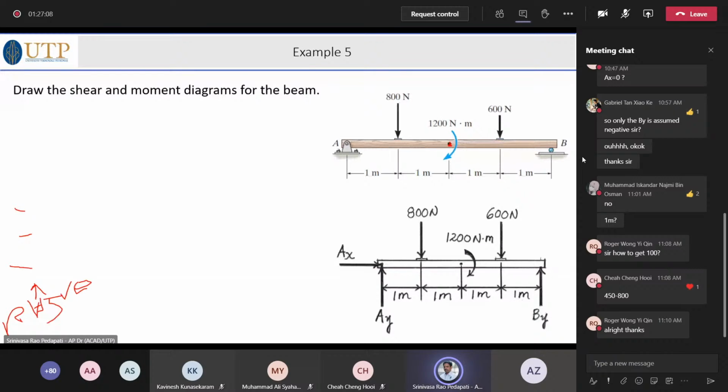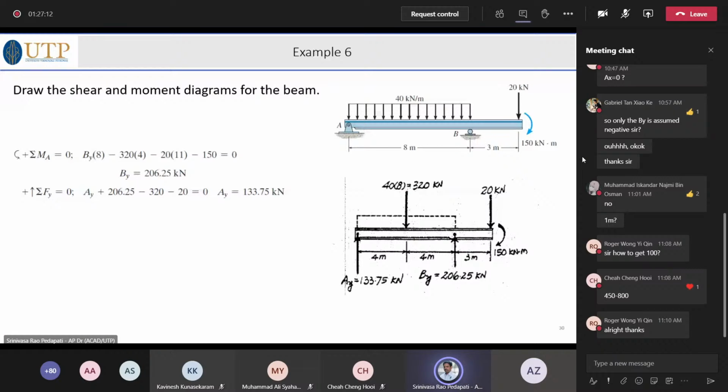Here the force is variable with the distance, so your equation becomes slightly complex. So try this model. If you understand this, then you have understood the whole lot of shear and moment diagrams.